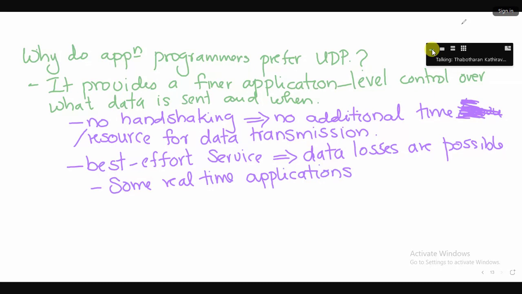Because when you pay by credit card and watch a movie online on Netflix, you will not tolerate data losses. For that, we will have different protocols.